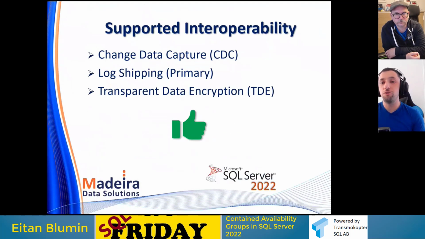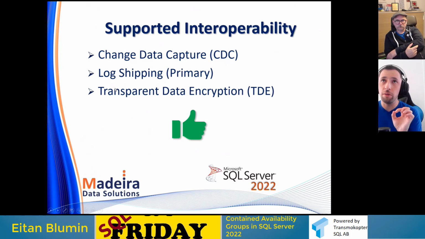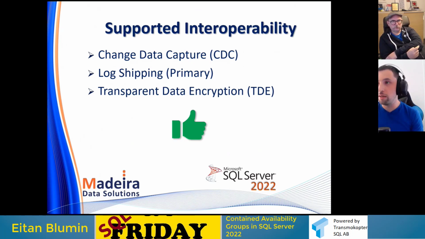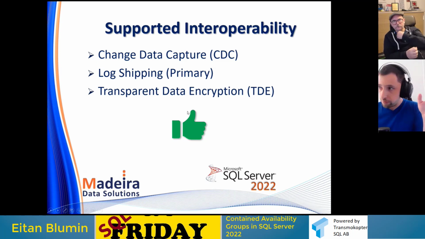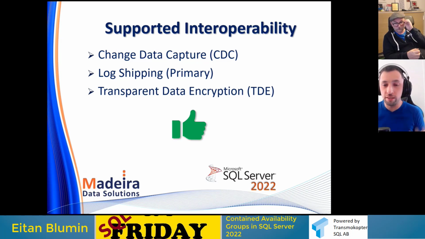What does contained availability group support in terms of interoperability? What can it work together with? It supports CDC. It supports log shipping, but only for the primary database in the log shipping session, and it supports TDE, transparent data encryption. But important to note, why are these special? Because in order to create CDC, log shipping and TDE, you have to do something at the server level.